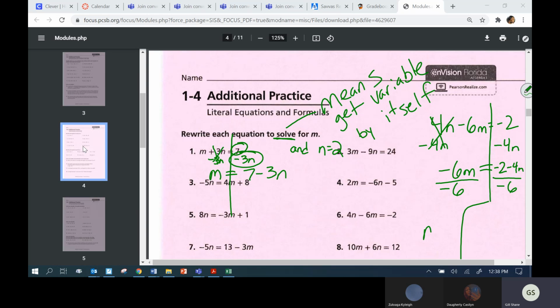So I get m equals -2 subtract 4n divided by -6. That will not be your final answer on the quiz, on midterm. I kind of let you slide with not simplifying things during the year, but that won't happen on the midterm.